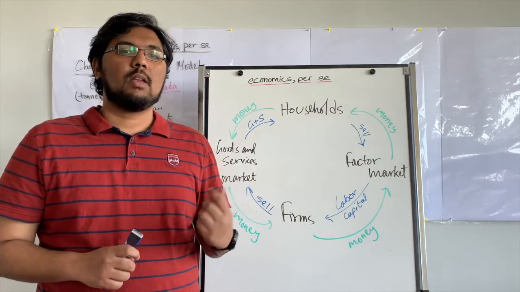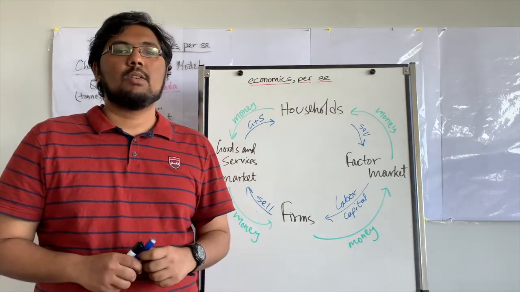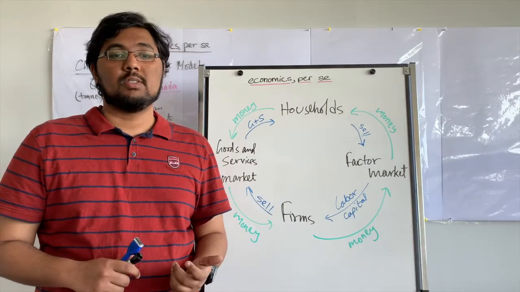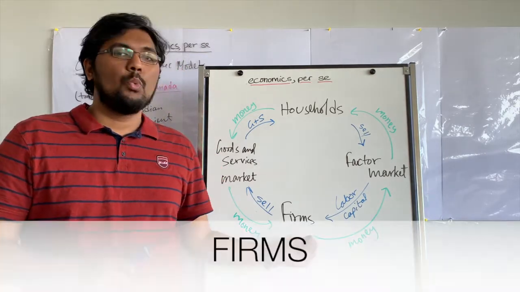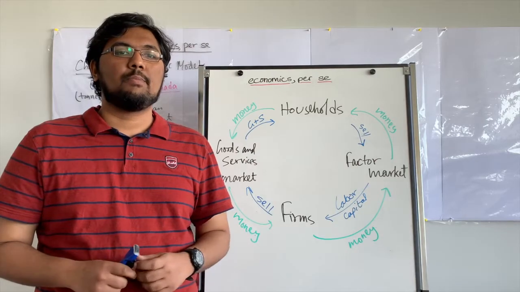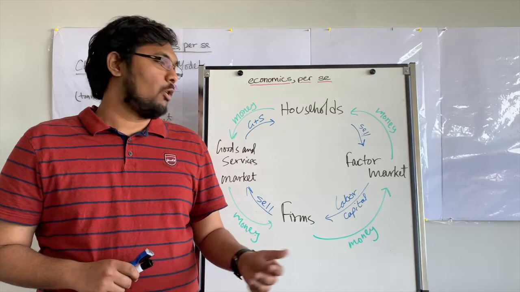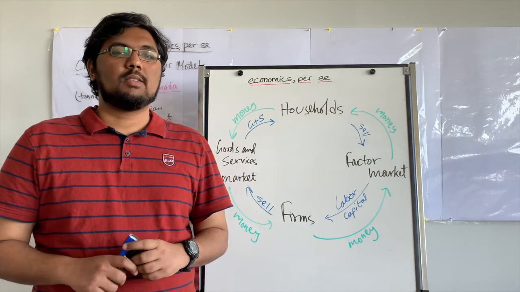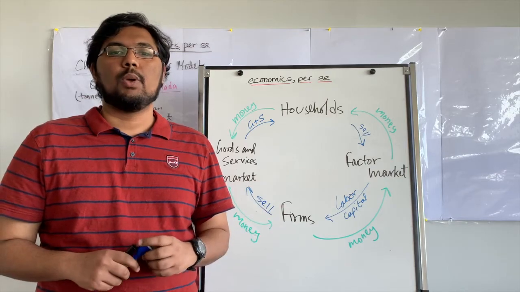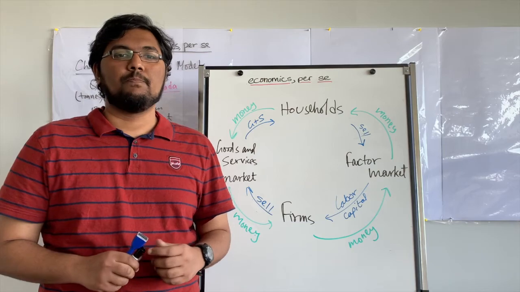In this circular flow diagram, there are households that consist of individuals or a group of individuals, let's say families for example. And then there are firms, which are organizations that produce goods and services to sell and for which they employ the households.